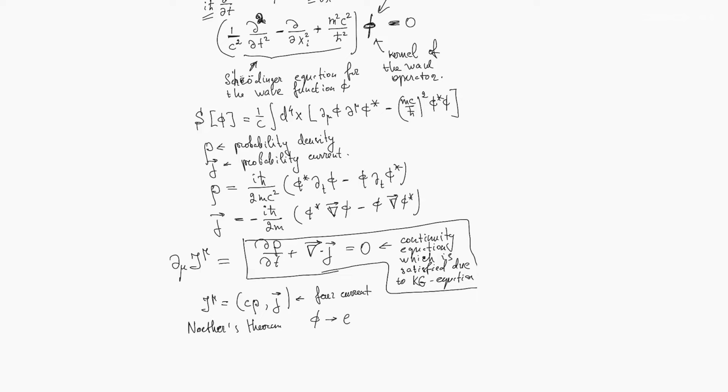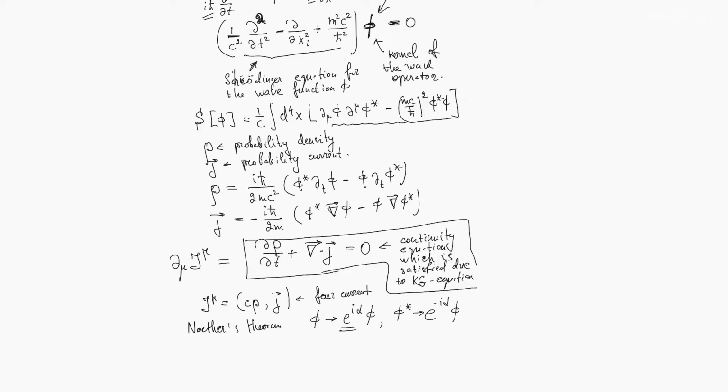You see from this expression that if you change the field phi by multiplying it with a phase, and simultaneously change phi star by multiplying it with the conjugate phase, then this phase cancels out, and the action is simply invariant with respect to these transformations.